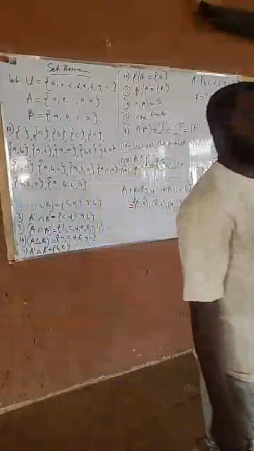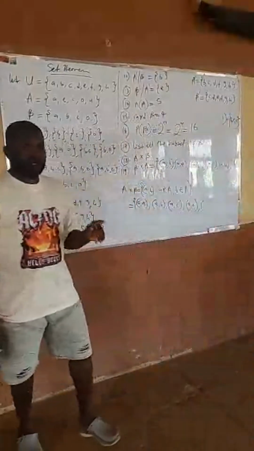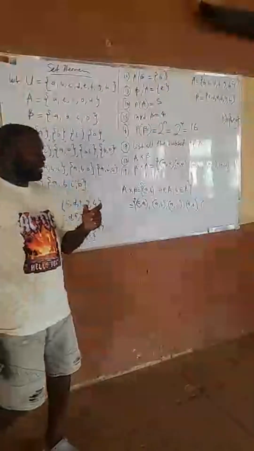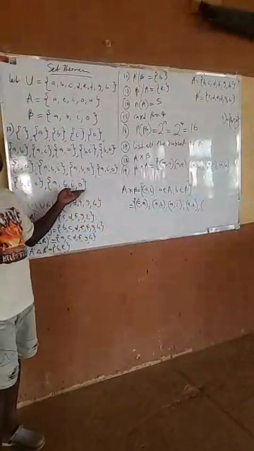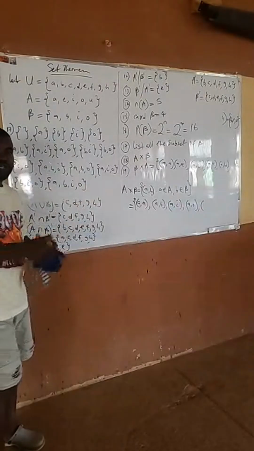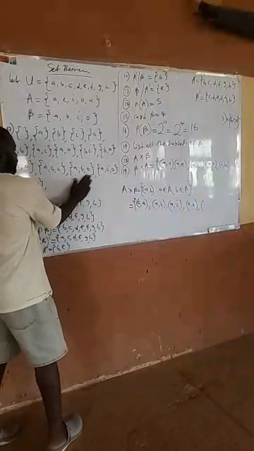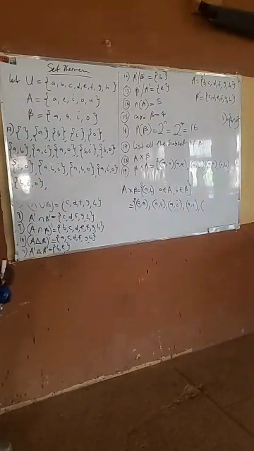But there is a difference between listing the subsets and listing the proper subsets. I taught you that before. If you hear the word proper, the set itself must not be there. If you hear proper, there will be 15 in number, because we will remove this last one.